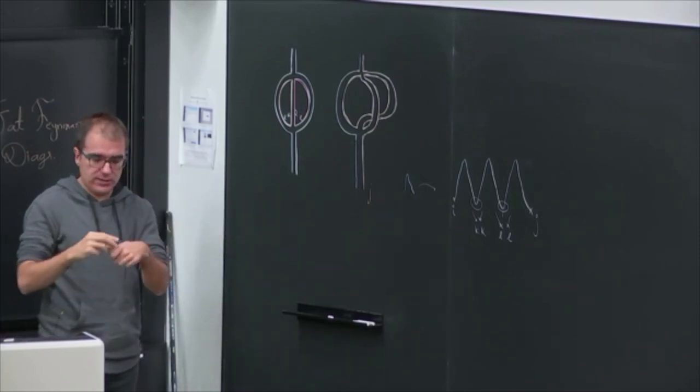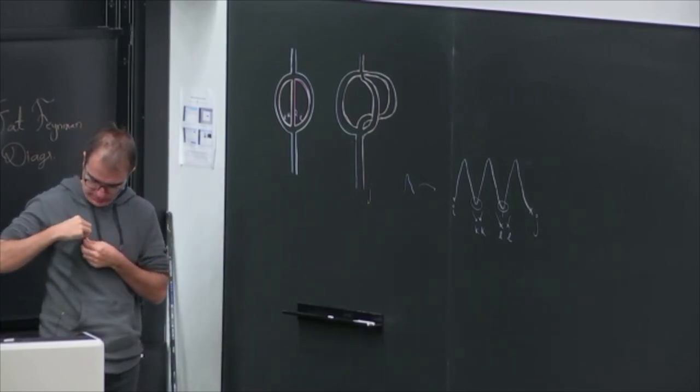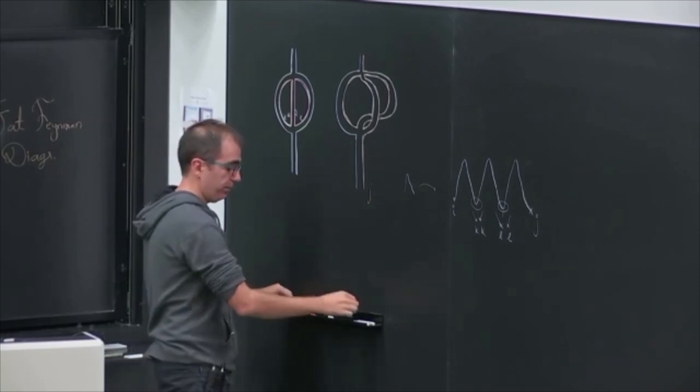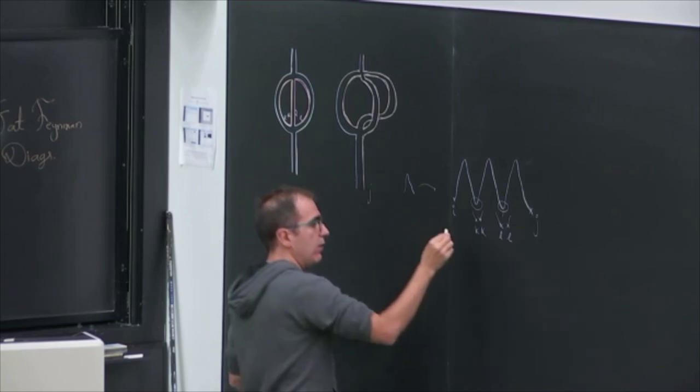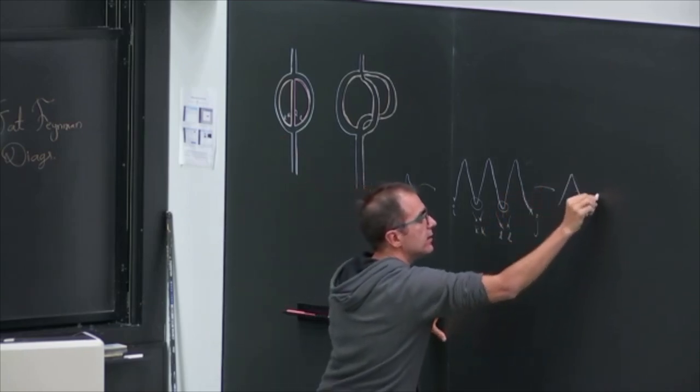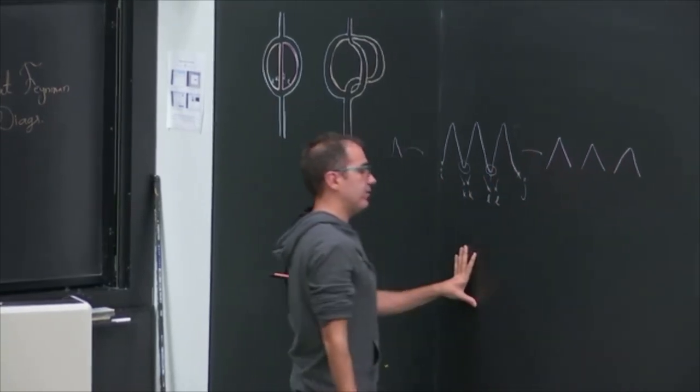So let's see what happened there. How did we lose this option of coloring? So here we create these strings. And now, after we create these strings, we have this, this, and this.